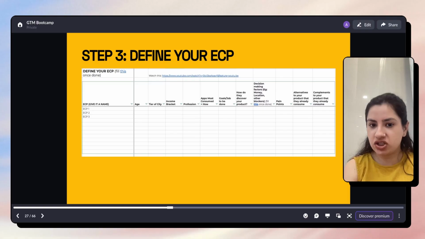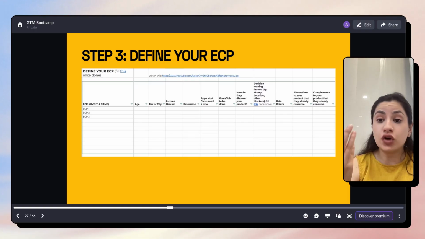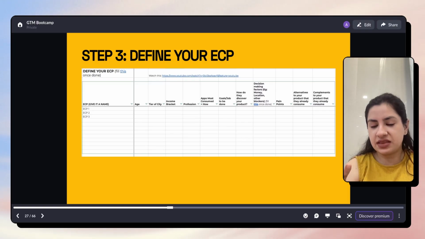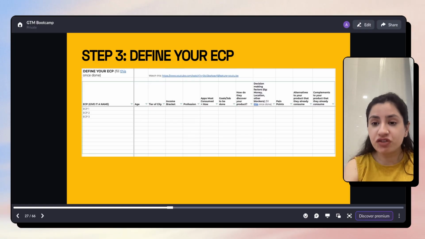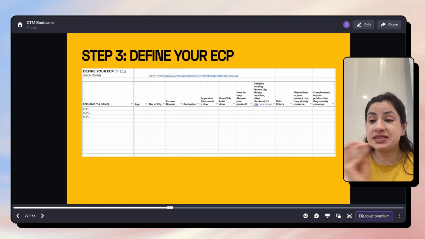You've already potentially identified your pain points. You've already identified some alternatives that they're using. It'll be great if you also identify some products that are complementary to your product, or complementary to the personality type of your product, that you can relate with.